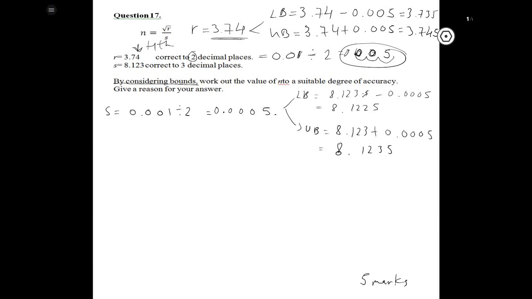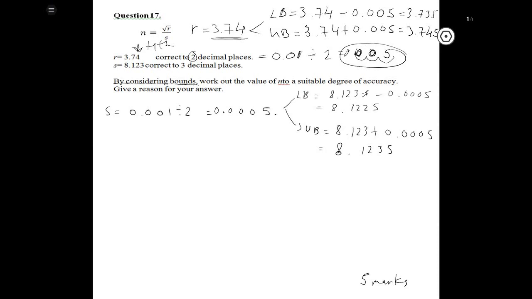So considering bounds, work out the value of n to a suitable degree of accuracy. What this is asking you to do is figure out to what number both the upper bound and the lower bound of n round. So what's the finest rounding that you could do for this value?